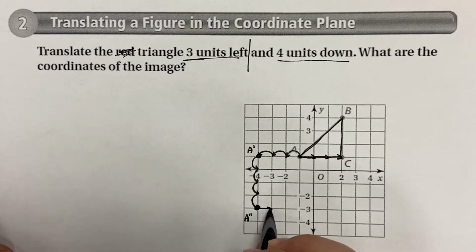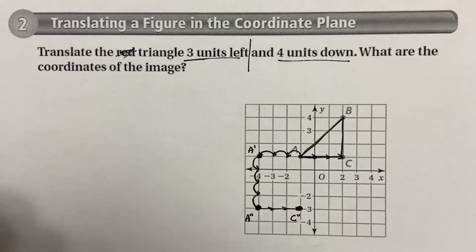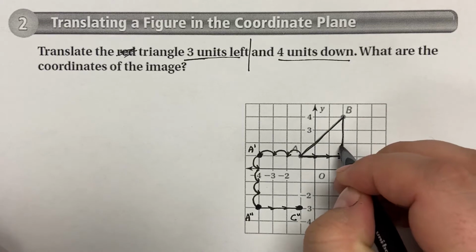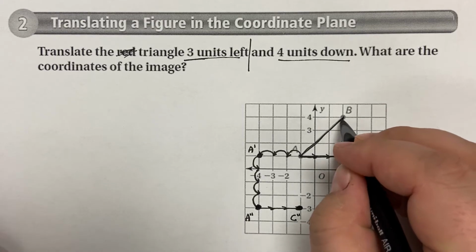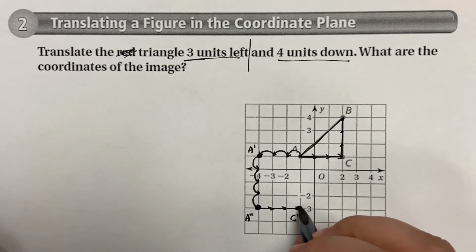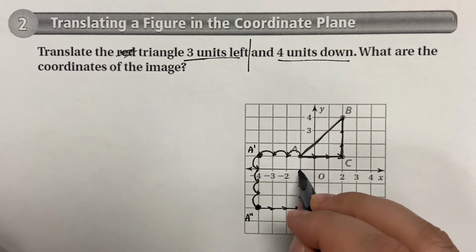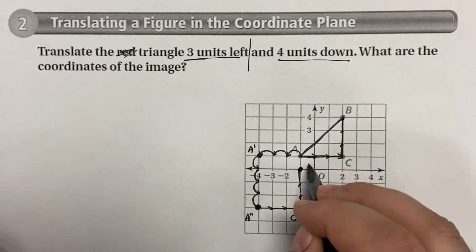So I go 1, 2, 3 units to the right, and here's the image of C after the 2 movements. Now from C, I know B is 1, 2, 3. 1, 2, 3. And there's my image of B.